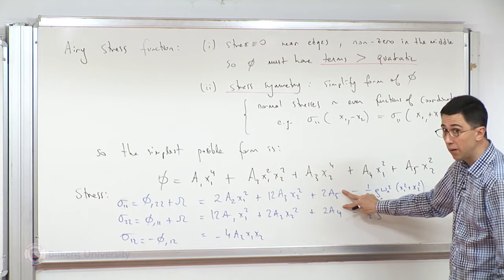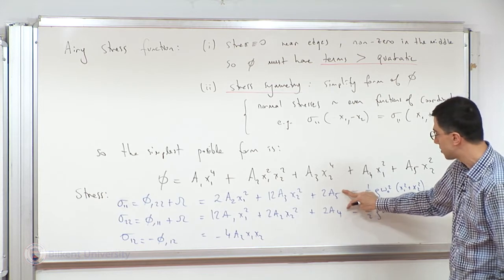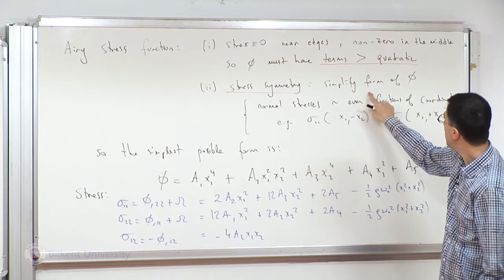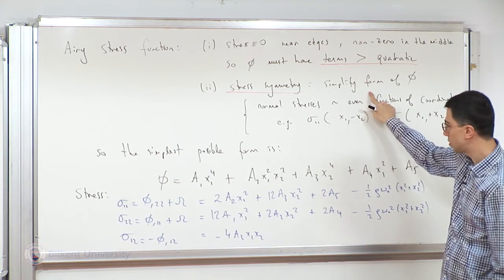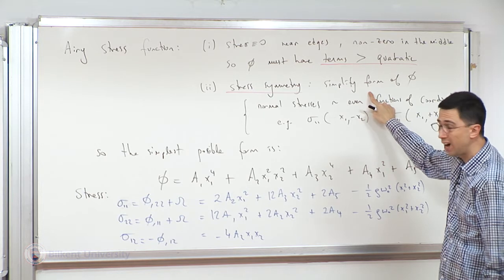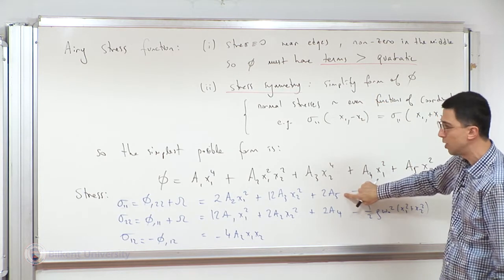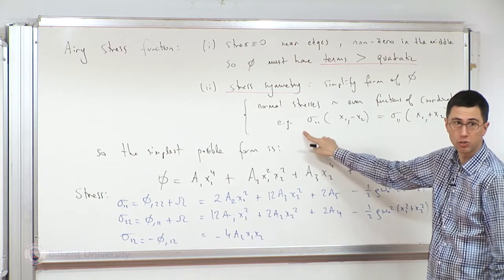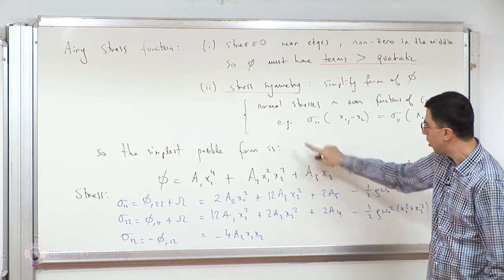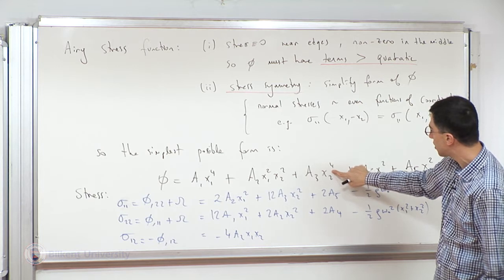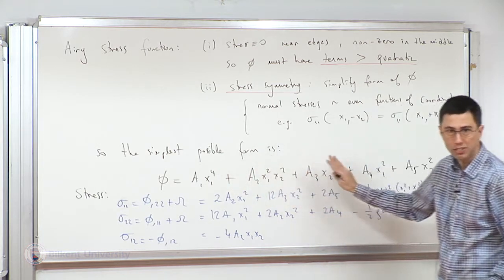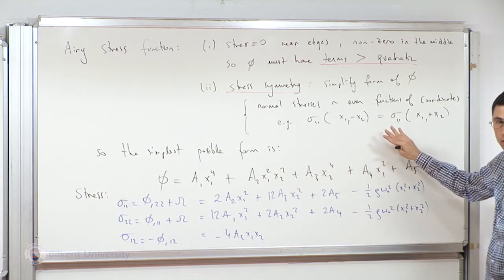But I know that my stress field is not constant, so I have to have terms that are larger than quadratic. But then the stress displays a certain form of symmetry, so I don't want cubic terms in the stress because that would violate this symmetry. For instance, it would be an odd function. So I don't throw in any cubics. I throw in terms associated with power 4. Okay? So that's the idea, based on these two simple observations.